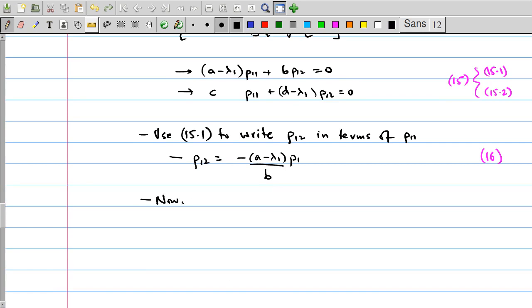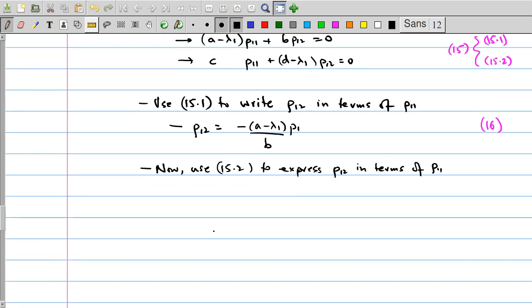Now use 15.2 to express P12 in terms of P11. So if I do that, then what do I get?